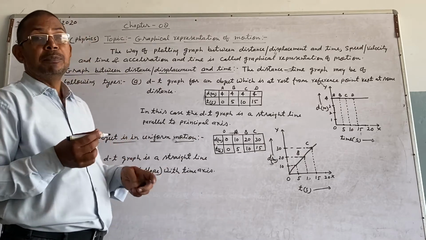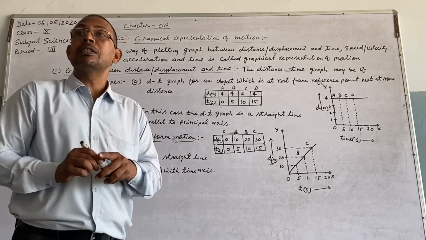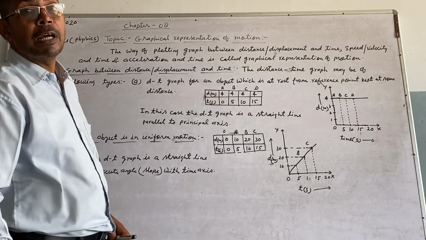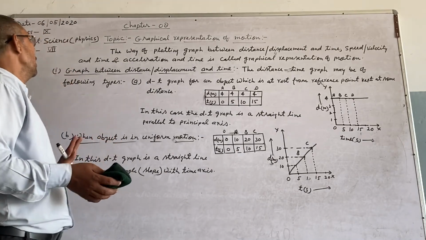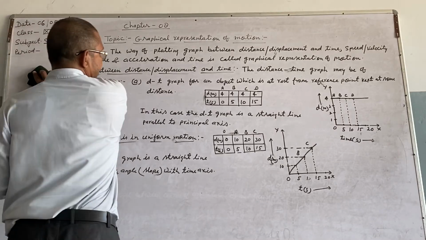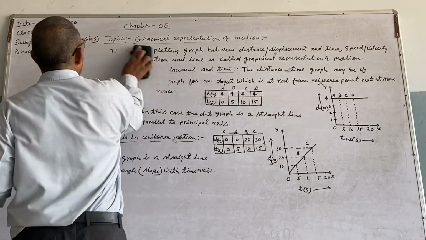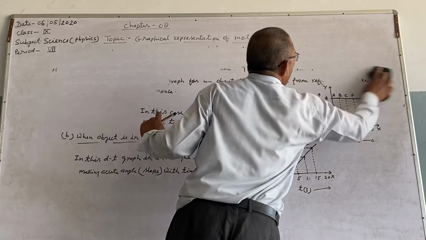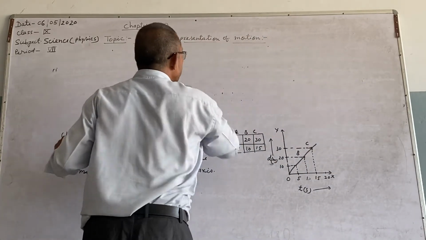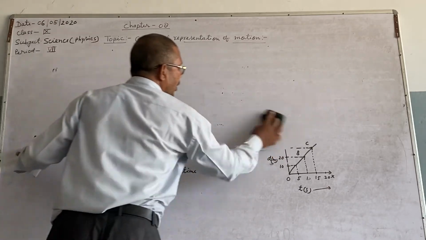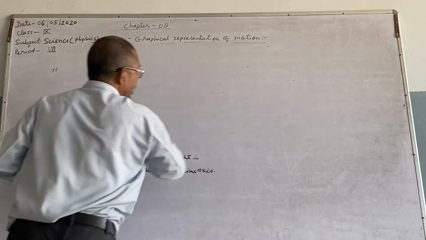That is, an object covers equal distance in equal interval of time, equal displacement in equal interval of time. Right? Third thing, distance time graph for non-uniform motion.